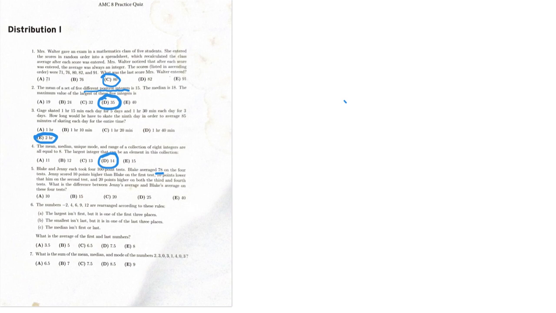Jenny scored 10 points higher than Blake on the first task, 10 points lower than him on the second task, and 20 points higher on both the third and the fourth tasks. What is the difference between Jenny's average and Blake's average on these 4 tasks?